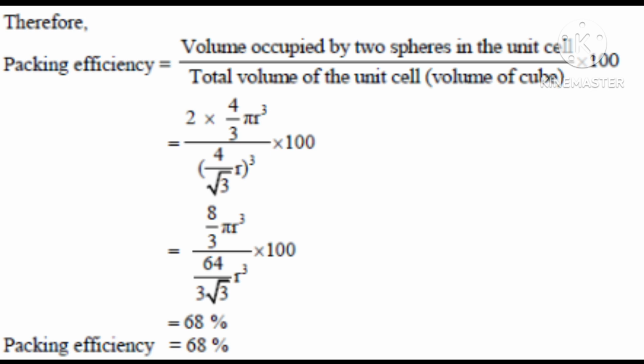The corner from which the diagonal passes through the body center, that corner you have to consider at the bottom, and from that bottom corner you have to consider one diagonal. Correct? Then now you will get one triangle.